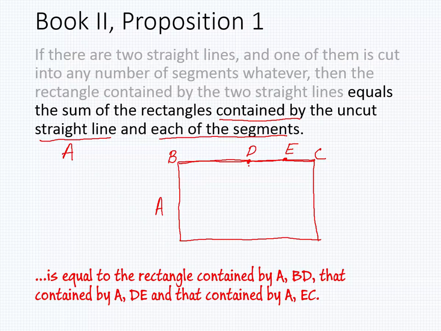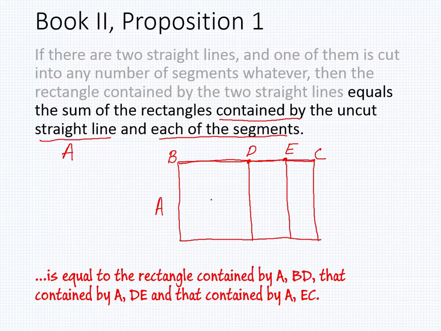And so he's referring to the fact that we can look at the rectangle contained by A and BD, and the rectangle contained by A and DE, and then the rectangle contained by A and EC, and we end up with these three rectangles.